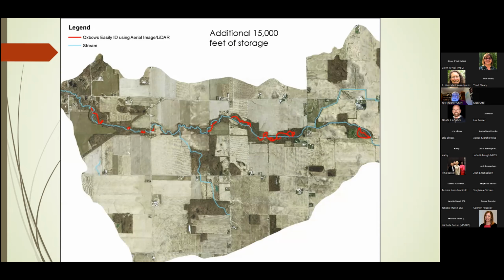And depending on the residence time, what we have been able to observe is some reduction of nitrate. And Keith Schilling has documented this down in Iowa. He's got a publication out that shows the value and power of denitrification using oxbows in streams.